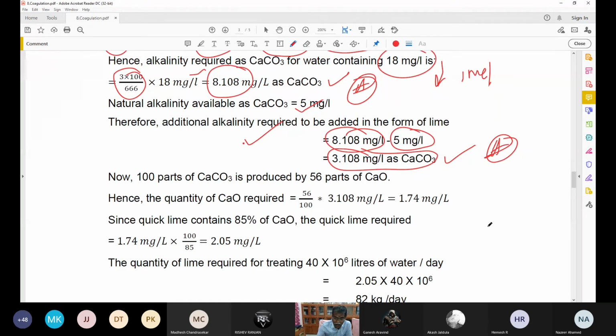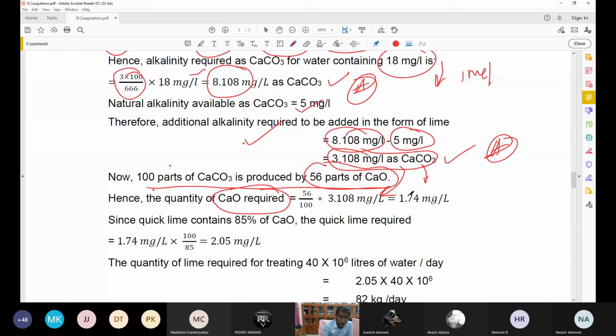Yes, sir. Now it is not directly given as calcium carbonate, but it is given in terms of calcium oxide. Please remember, in the problem we are discussing, it is given as quicklime, which contains 88% of calcium oxide. So you can have a relation like this: 100 parts of calcium carbonate is produced by 56 parts of calcium oxide. Thereby, the quantity of calcium oxide required is equal to 56 by 100 into this value.